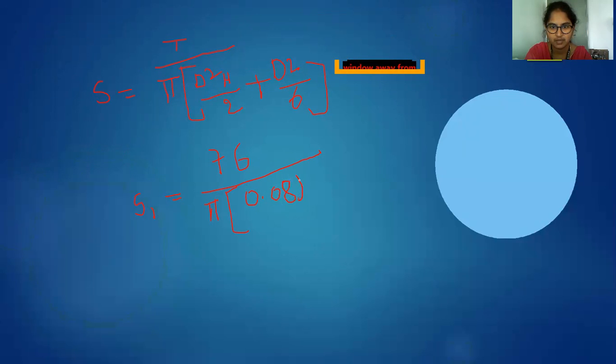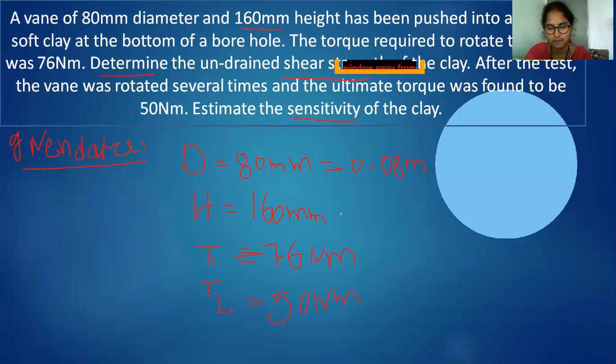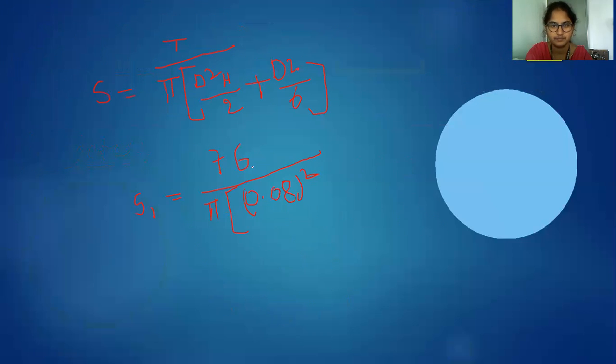In the place of D, 0.08 square, into H is equal to 0.16 meters, into 0.16 by 2 plus 0.08 whole square by 6.